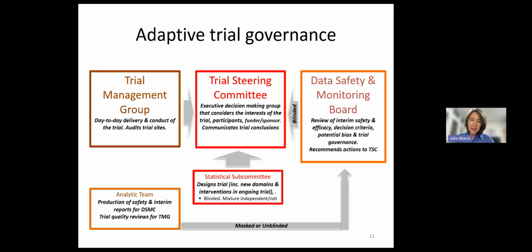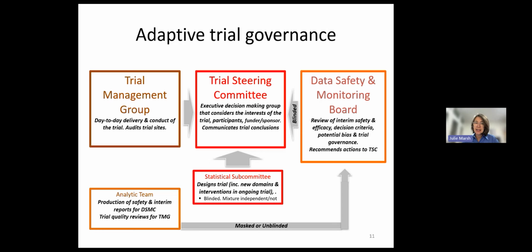So in our adaptive trials, there are subtle differences in the governance structure. So moving from the left here, you'll be familiar with the trial management group, that's the day-to-day delivery, the trial steering committee, which is the executive decision-making group, and you have the data safety and monitoring board. What differs is there has to be a blinded and unblinded group dealing with the design of the trial. So the simulations are performed and updated by a blinded group who are unaware of what the ongoing results are from the interim analysis.